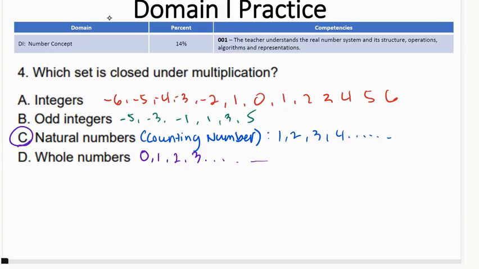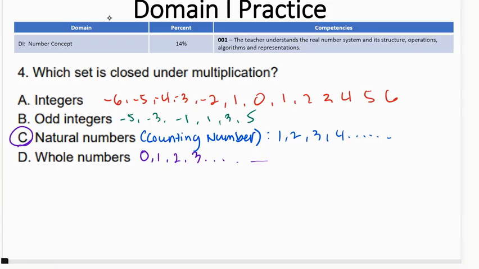The reason is, set closed under multiplication: any counting numbers, if you multiply by that number, you will get an answer. Give me 2 numbers, ma'am. 9 and 8. So you multiply that. What's 9 times 8? 72.